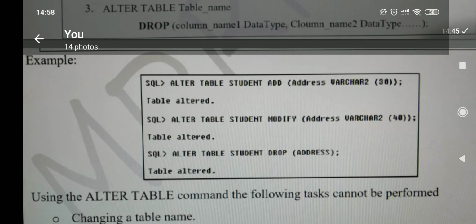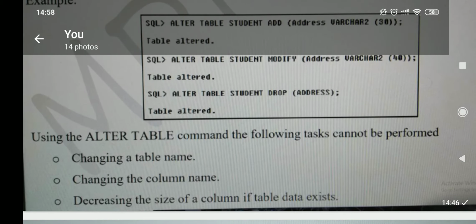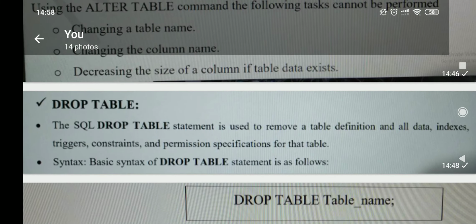Now, "table altered" is given by the database to us. So, the alteration will be done and that output will be given to us. With the alter command, you can change the table name, you can change the column name, you can change the size.